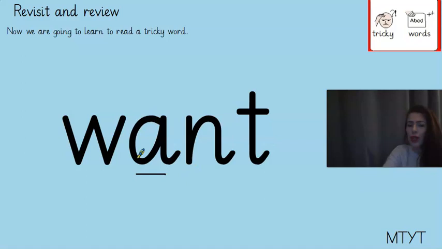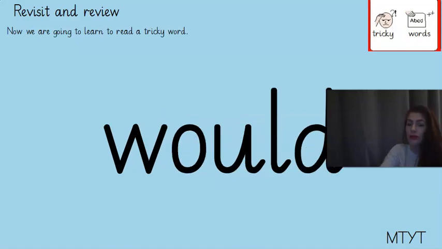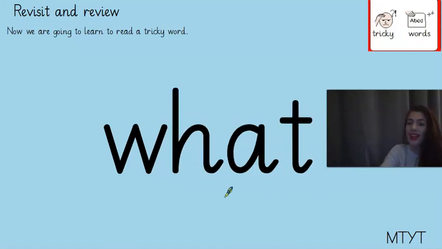So some words, the R sound is spelt with an A. Like this one. Was. Oh, would. And that's that sound again. What.